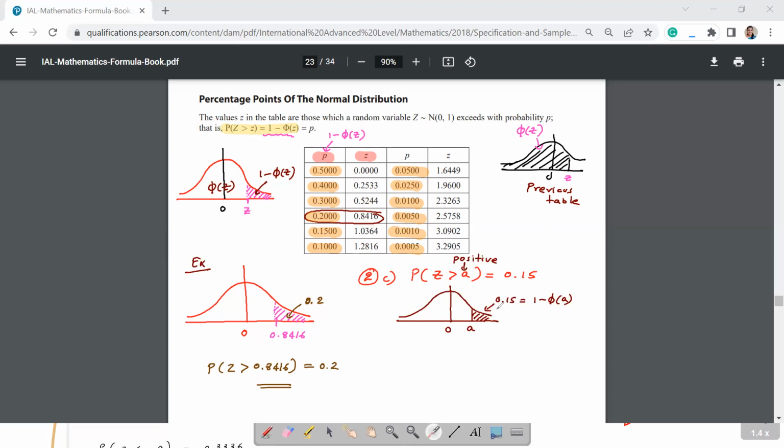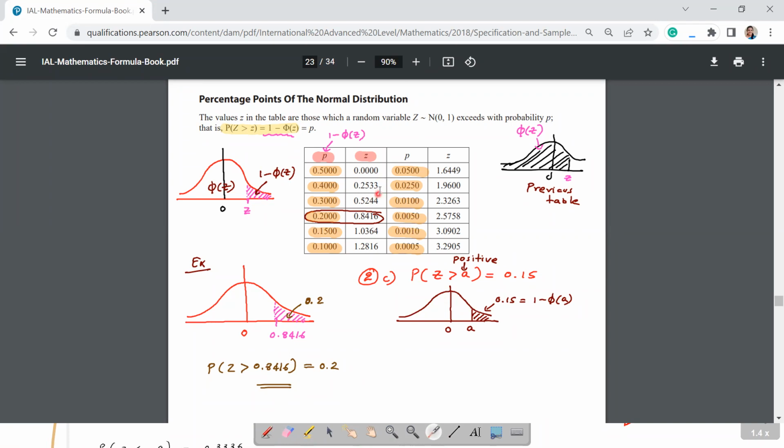By the way, what is the motivation to use this table? The reason I'm going for the second table is just because of this probability value, this area 0.15. The area behind is 0.85, and I can't find a value of 0.85 in the previous table.